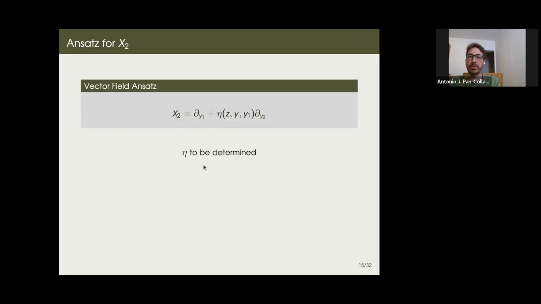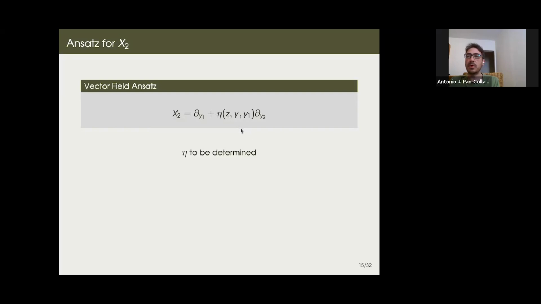Then we propose a second vector field X2 following this ansatz here. In many examples in our research, we have found that this ansatz works very well. Indeed, we have proven that we can always find a vector field of this form, but this is still work in progress.